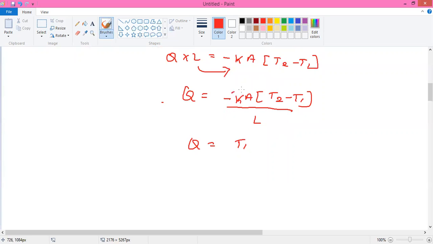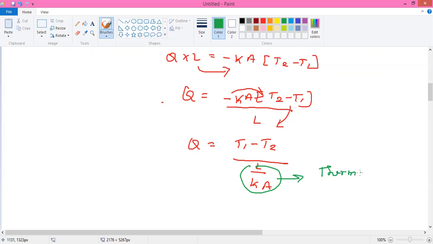The minus is multiplied inside, so minus into minus becomes plus, and T2 minus T1 becomes T1 minus T2. So Q equals T1 minus T2 divided by L by KA. The value of L divided by KA becomes the thermal resistance.